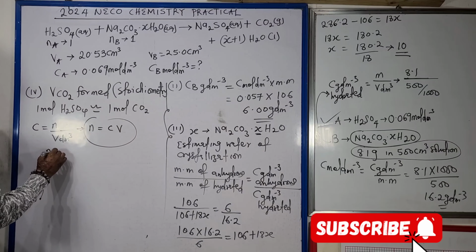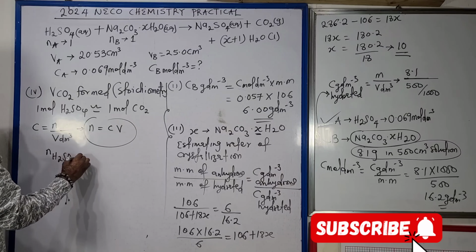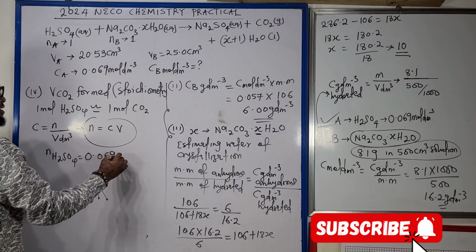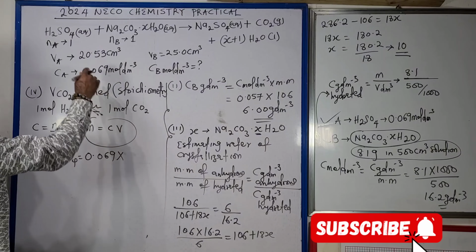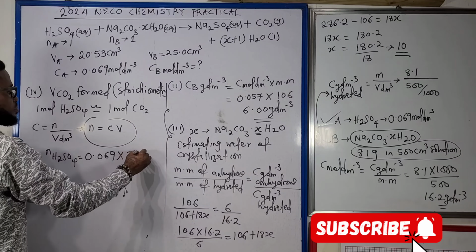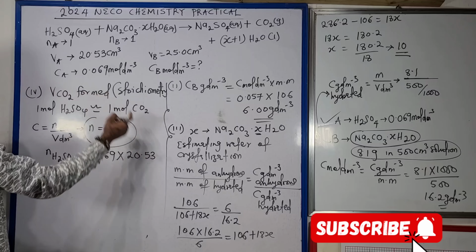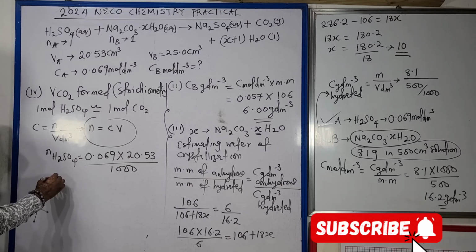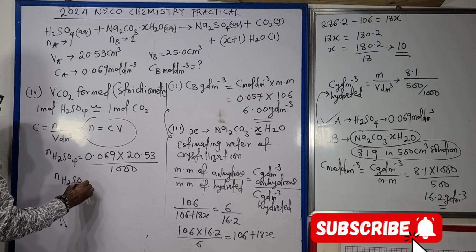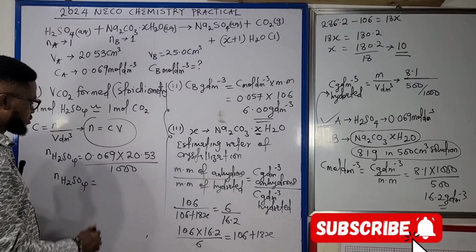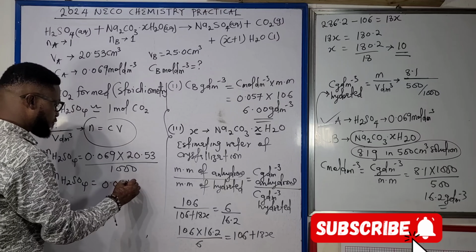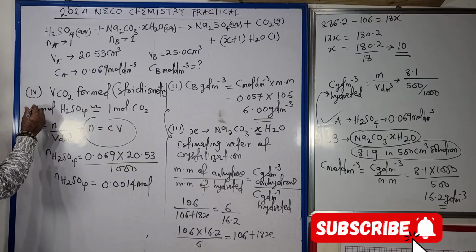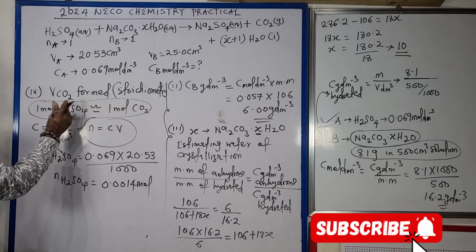So the number of mole of H2SO4 here is concentration 0.069 times the volume of the acid that we use, 20.53, but because it's in cm cube, I have to convert it to dm cube, so I have to divide by 1000. Once I do this, the number of moles of H2SO4 is 0.0014 mole.